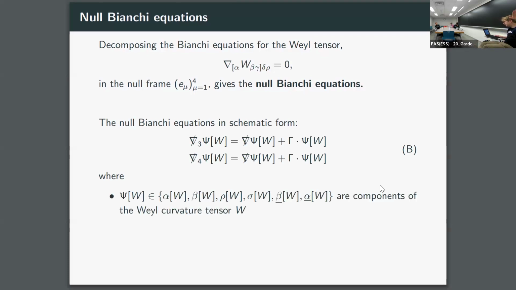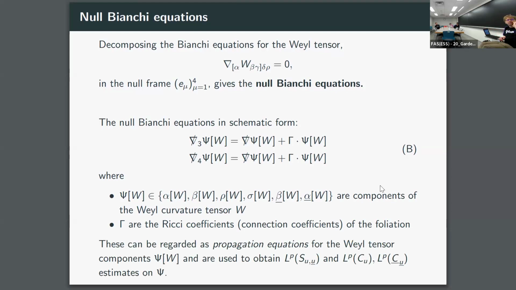I'm just using this psi as a schematic heuristic. So psi is going to denote an arbitrary one of these Weyl tensor components, and gamma is going to denote an arbitrary Ricci coefficient of the spacetime in this double null foliation, right? So the gamma are just the Christoffel symbols of the frame E mu.